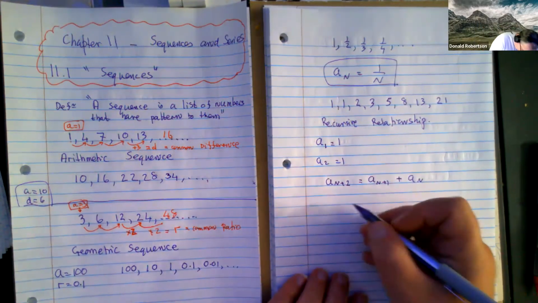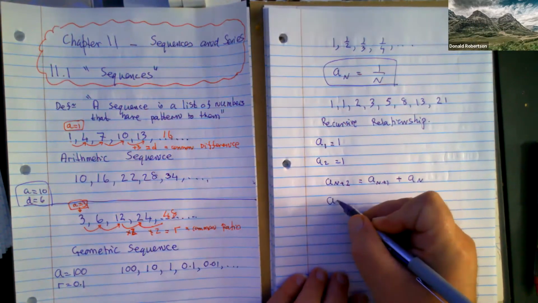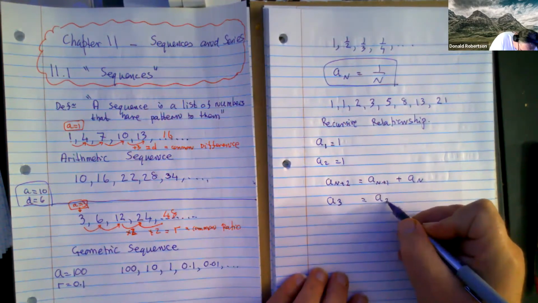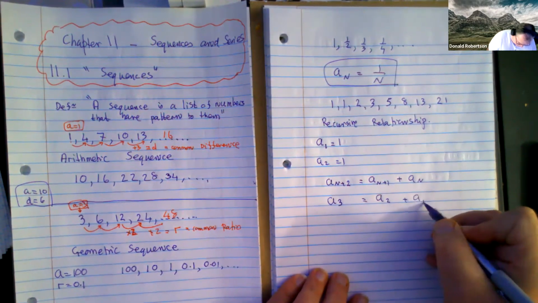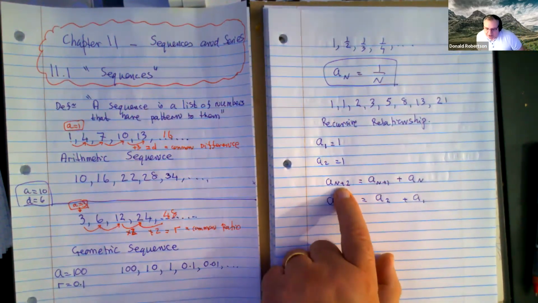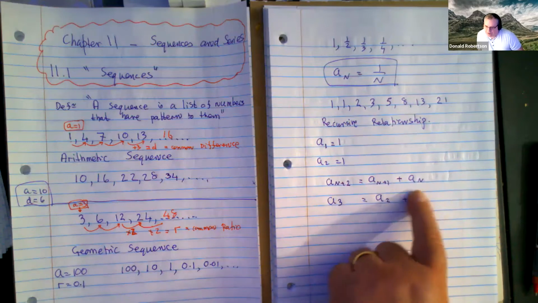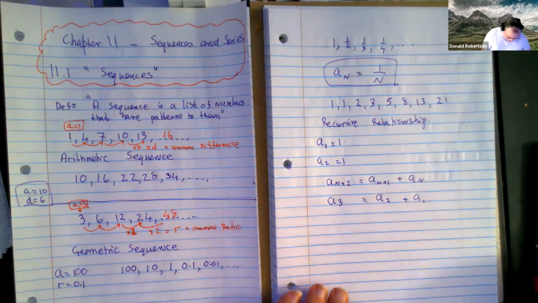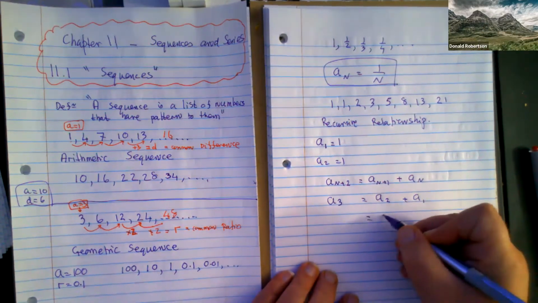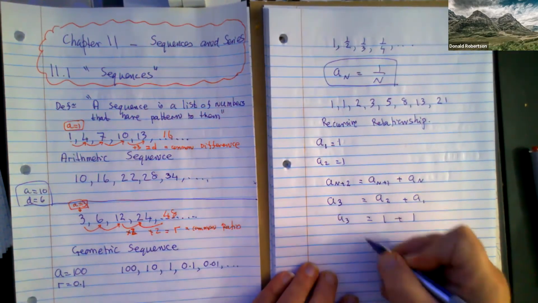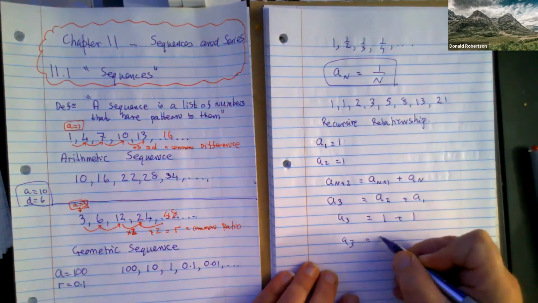So, if I asked you to find a3, you would take a2, add a1. Let's see how that works. If that's 3, that's 1 less than this, so that's 2, and that's 1 less than that. And we know that these two guys are 1 plus 1. And so A3 would be equal to 2.